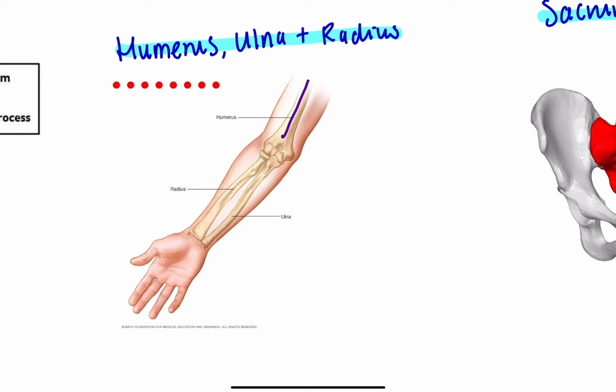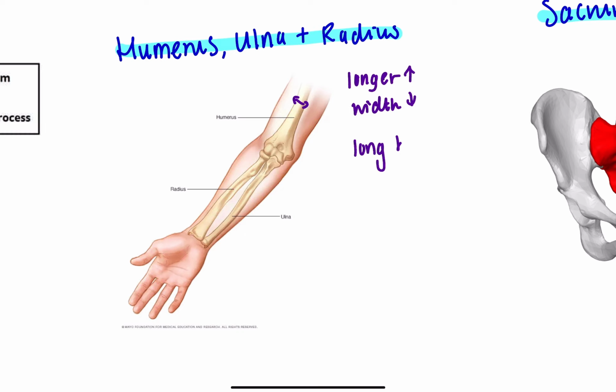I mean, the humerus kind of has a bit of width on its diaphysis point, but not really. It's significantly longer than it is wide. Given this, we can categorize the humerus, ulna, and the radius as long bones. They're not flat, so we can't say they're flat bones.